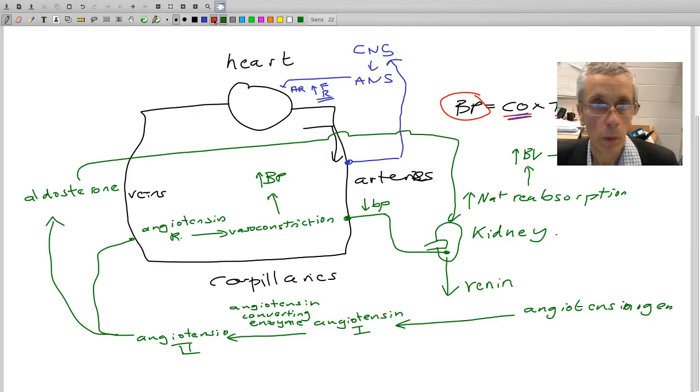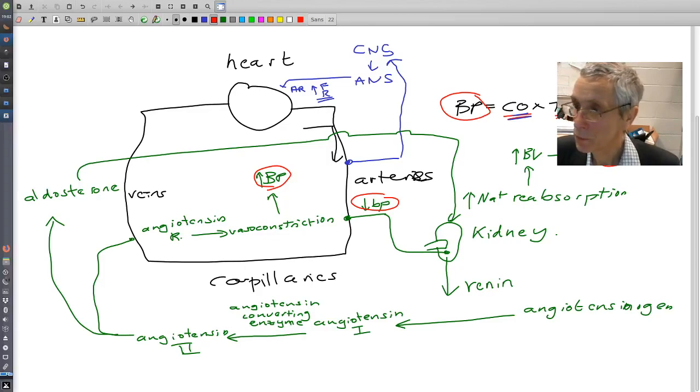So we wanted to achieve this and this in response to a fall in blood pressure. So you can see there's quite a few points of potential control there, and all of them are exploited.